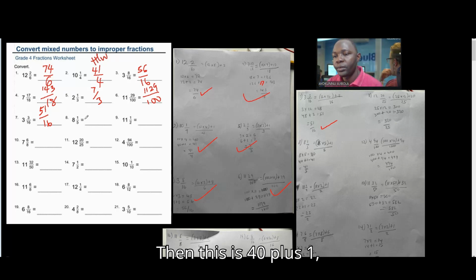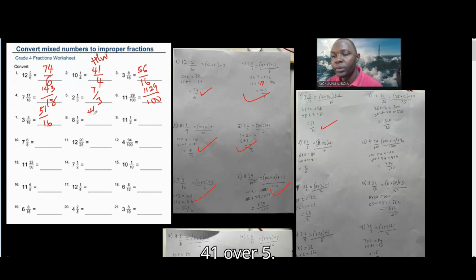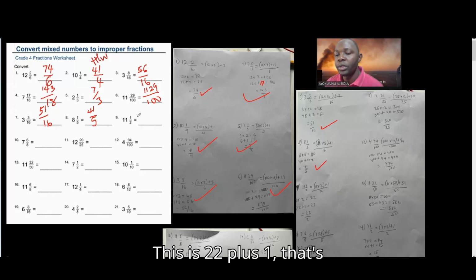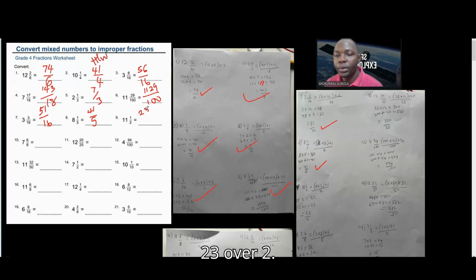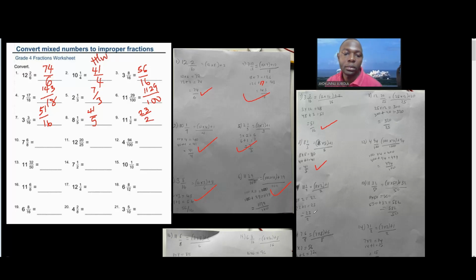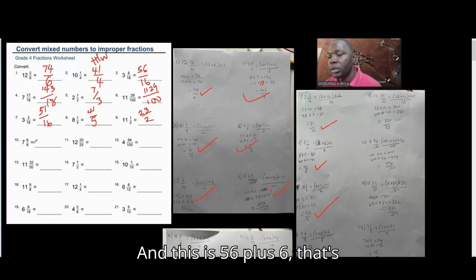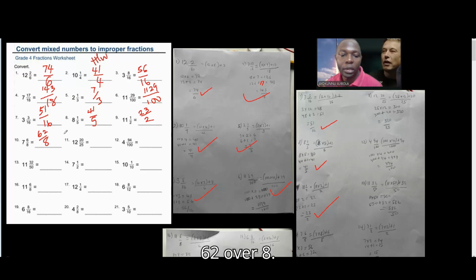Then this is 40 plus 1, 41 over 5. This is 22 plus 1, that's 23 over 2. And this is 56 plus 6, that's 62 over 8.